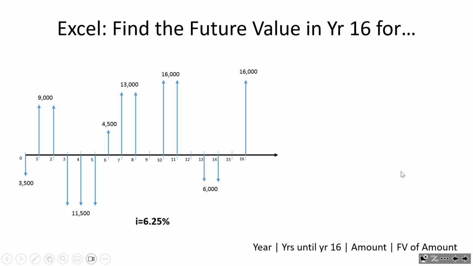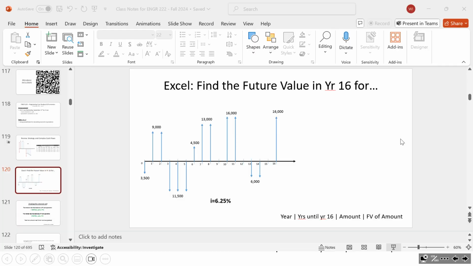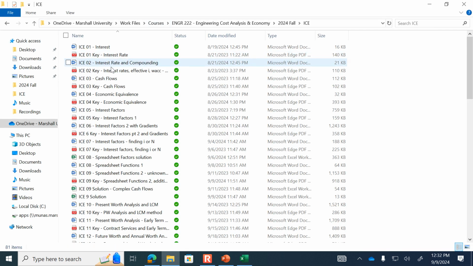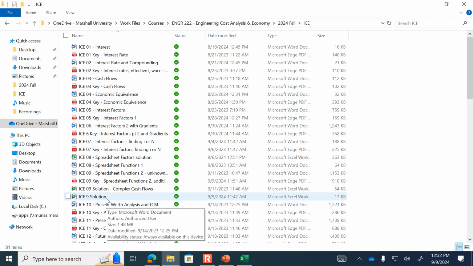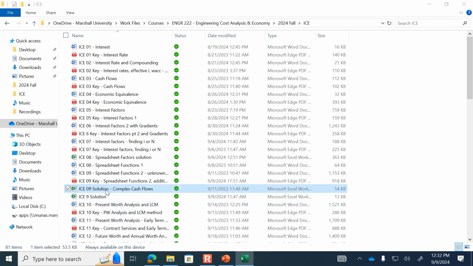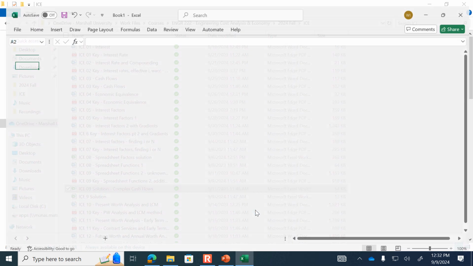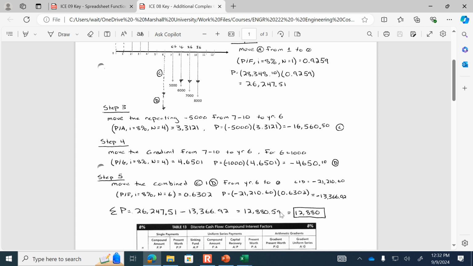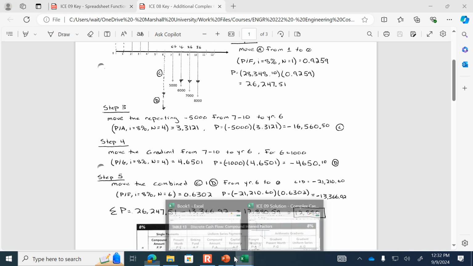And you'll remember that when we set something up as a regular cash flow table, I solved the first problem as a cash flow table to show you get the same amount. So on paper, our answer was 12,880.